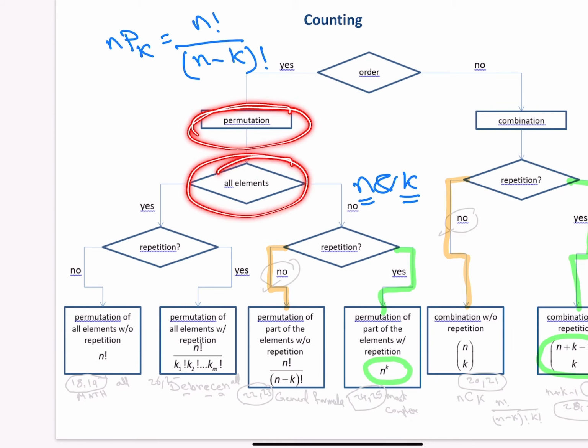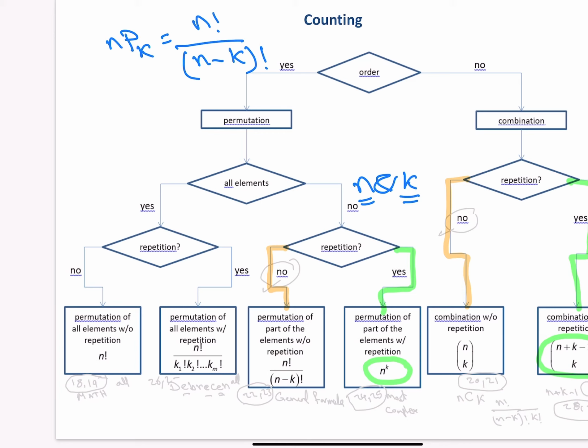So before moving on from these two cases, which are permutation, all elements with and without repetition: when we don't have repetition, this is the easiest and simplest way. If there is no repetition, this is the standard or typical way.